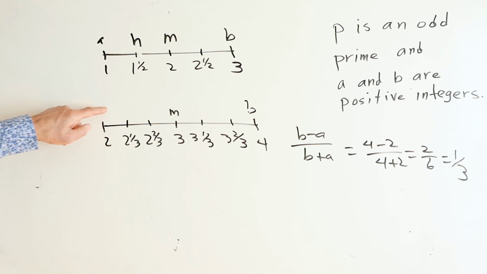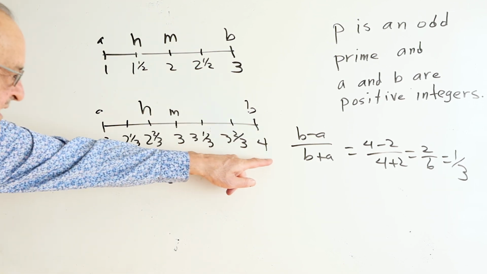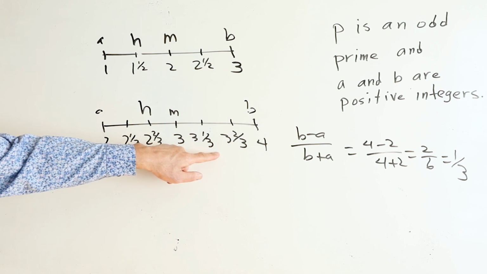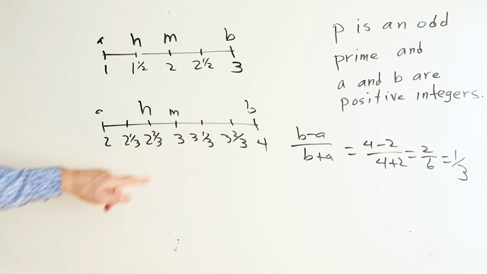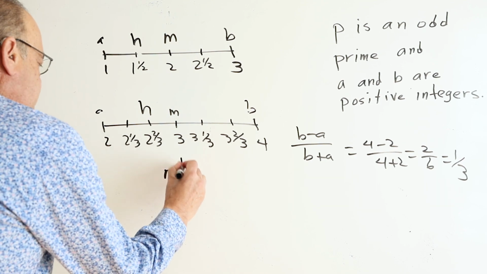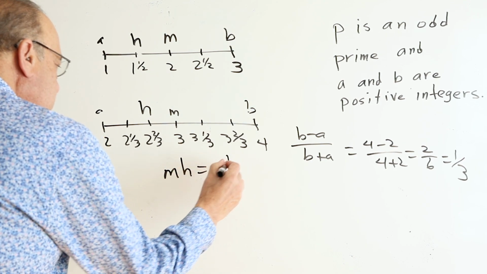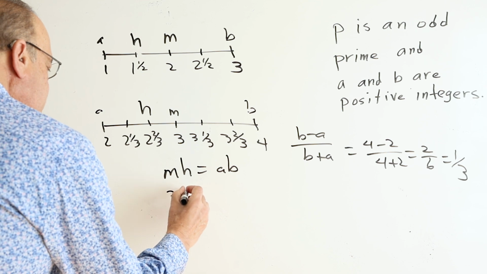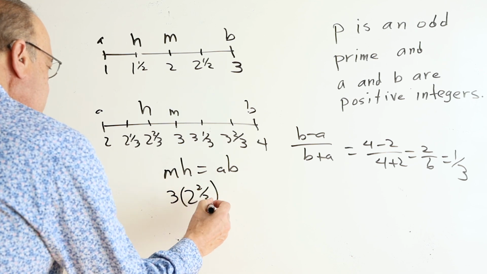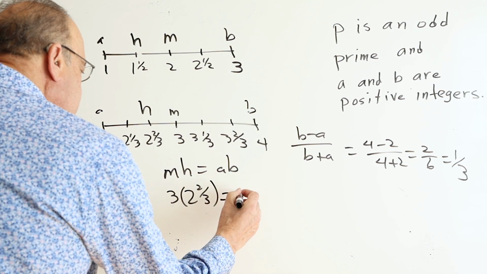That's 2, so you go 2 spaces to the right, and that'll be your H. Likewise, you could start here and go 4 spaces to the left: 1, 2, 3, 4. So that's the harmonic mean. The claim is that M times H equals A times B. So 3 times 2 and 2/3 is equal to 2 times 4.